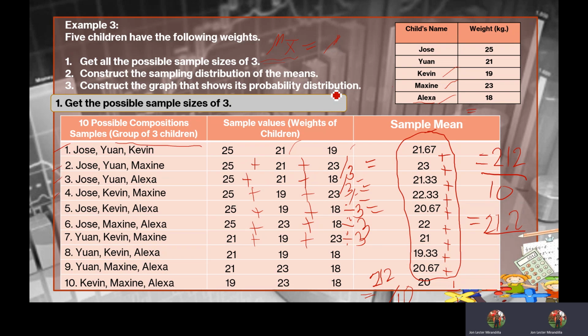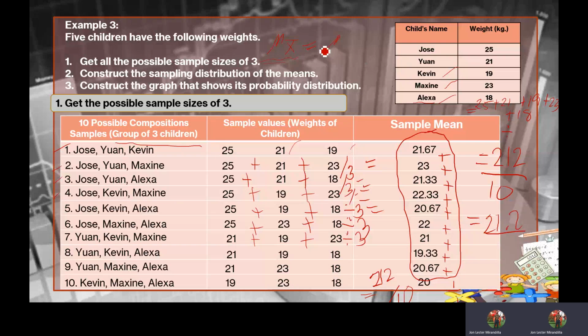25, 21, 19, 23, 18. So, 25 plus 21 plus 19 plus 23 plus 18 divided by, saan natin siya i-divide? Ilang values ba meron sa given natin? We have 5.